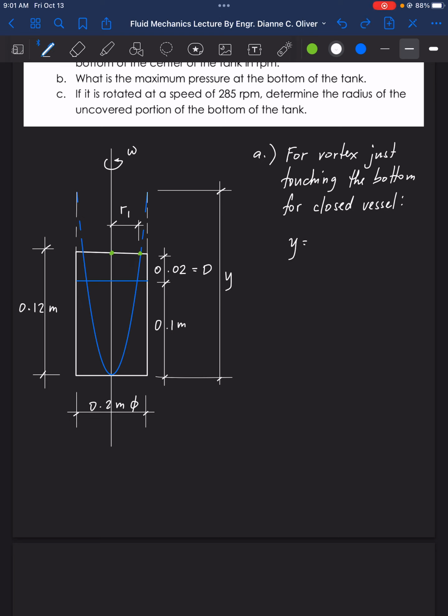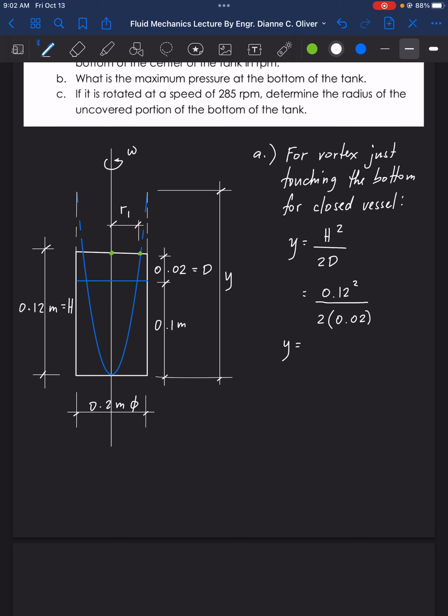So y is equal to h squared divided by twice of d. The h here is the height of the container. The d here is the depth of the part wherein it is filled with air in the initial condition. So y is equal to 0.12, the height of the tank, squared, over 2 times the height of the empty space, 0.02.